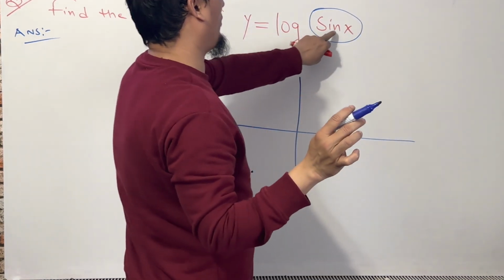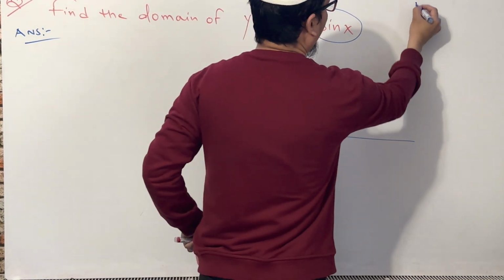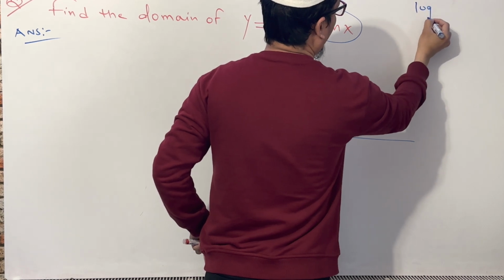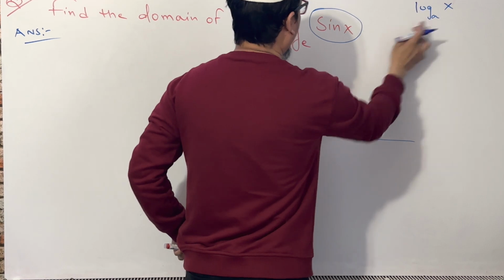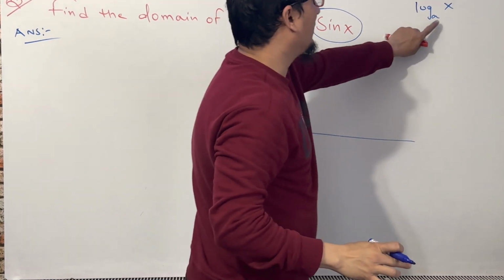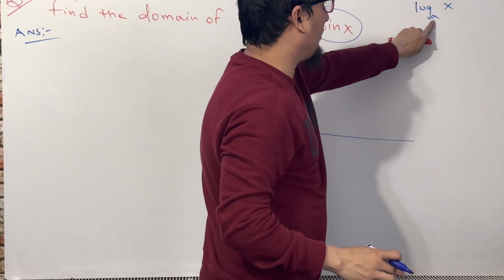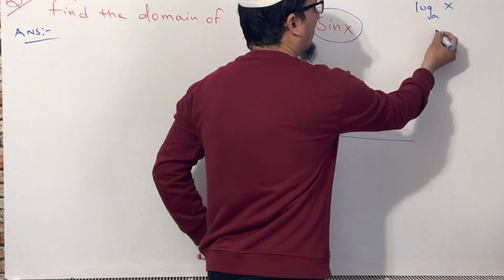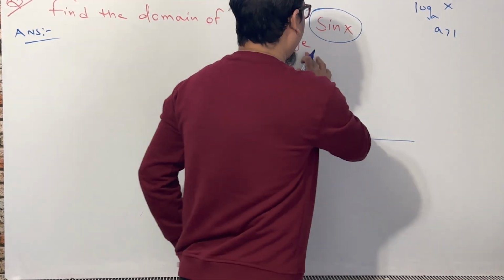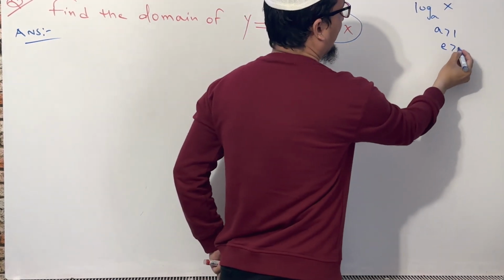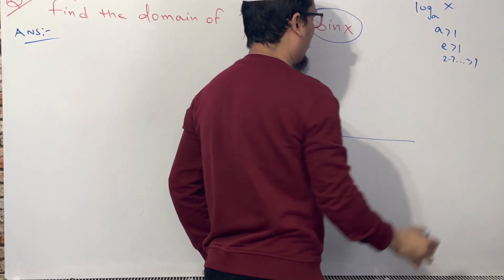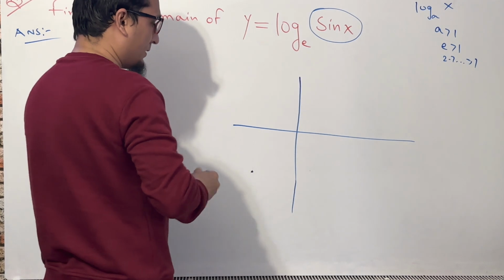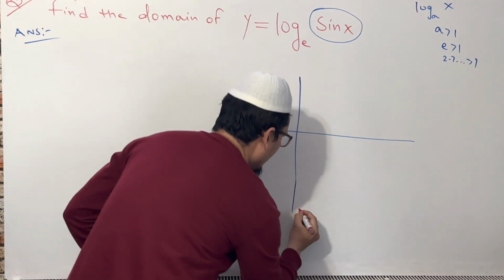This is your function log a x. Here x is your sin x and a is your e, and I told you this is case 1, if the value of a is greater than 1. And here e is greater than 1 because e is 2.7 something. So the graph is always like this one.